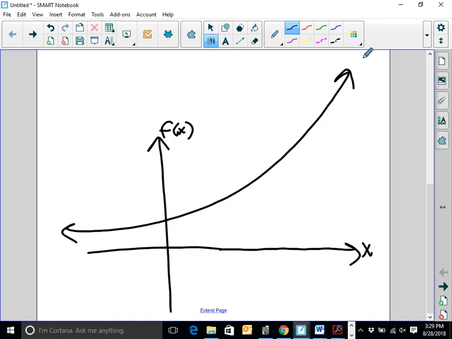Okay, so we have kind of a gentle curving function f of x here. And I'm going to plot a point on here that I'm going to try and find the slope of the tangent line at that point.